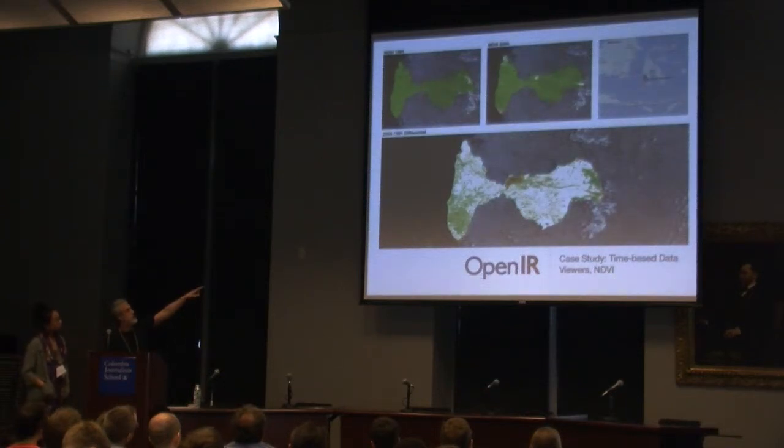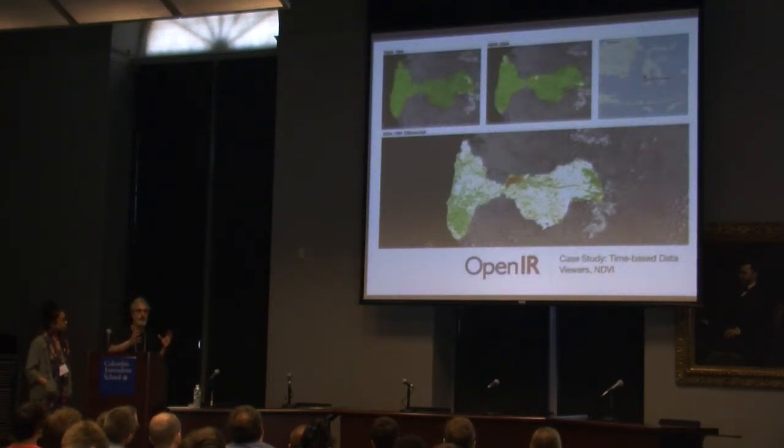The red concentration is a dam that was built and created an artificial lake. So you can very quickly identify that there was a big change in the environment between '91 and 2004, which is not very clearly visible when you look at two satellite images.